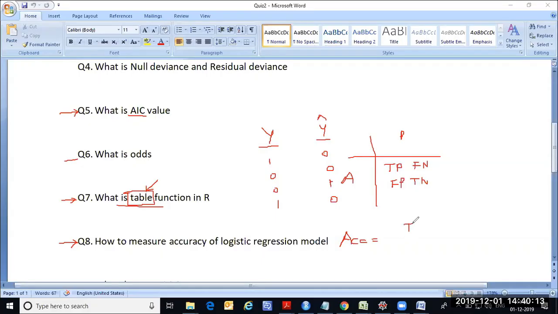True positive plus true negative divided by all 4 quadrants: true positive plus false positive plus false negative plus true negative. Yeah.